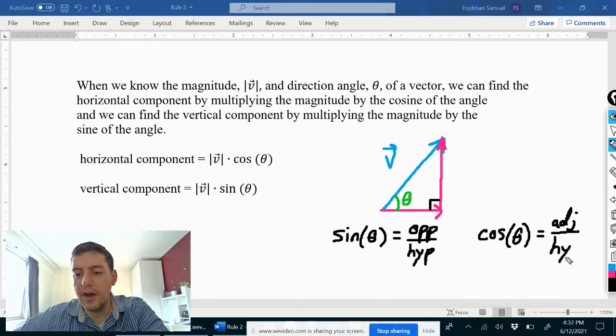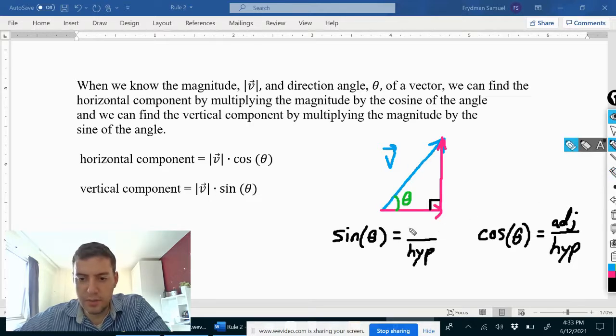over the hypotenuse. But we can see from this diagram here that the opposite side is really just the vertical component of the vector. The opposite side here, opposite to this angle, is the vertical component of this vector. So I'm going to put VERT as my abbreviation for the vertical component.